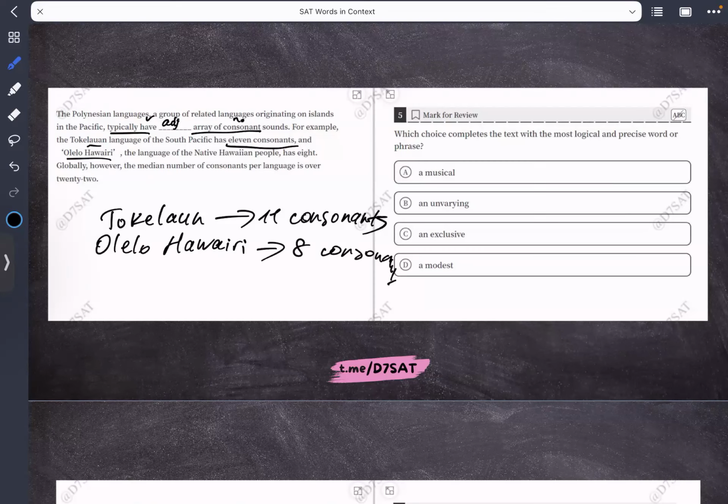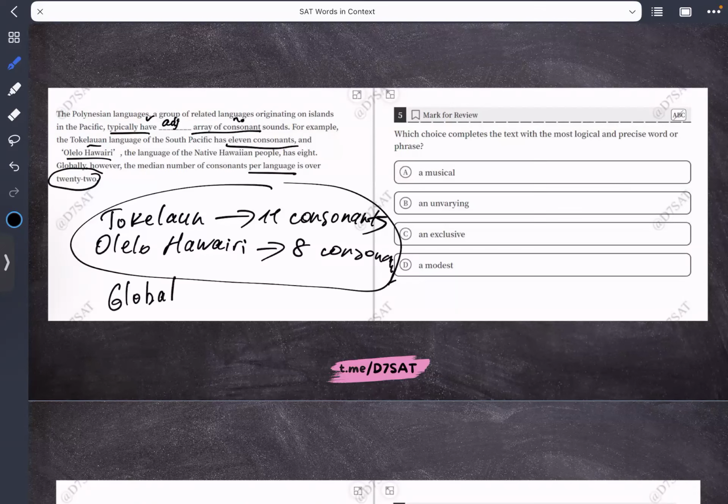Let's continue reading till the end, because reading the whole passage is so crucial to our understanding of the passage. Globally, however, the median number of consonants per language is over 22. This is like specific examples of two languages, and if you consider the global case, this is the median one.